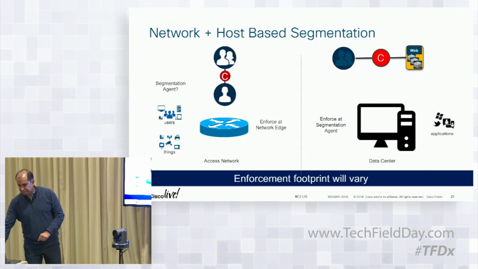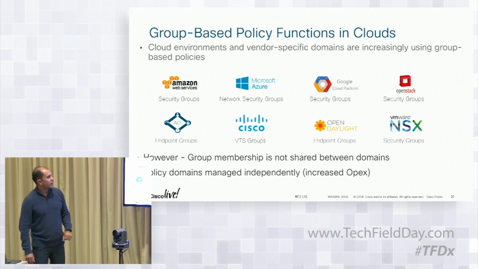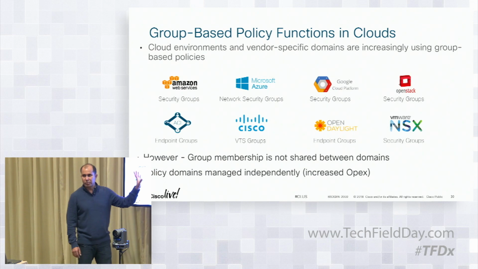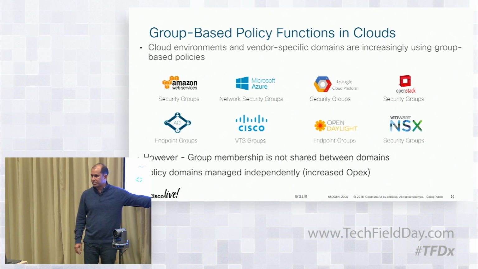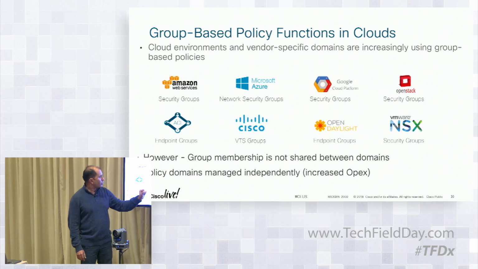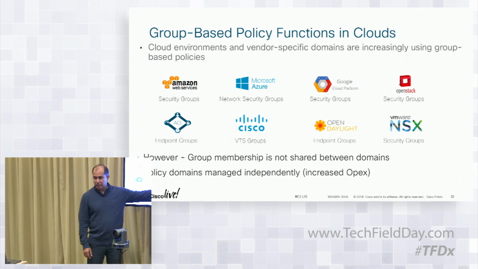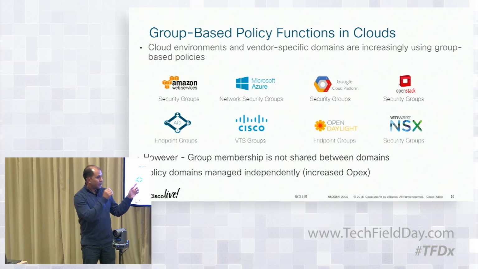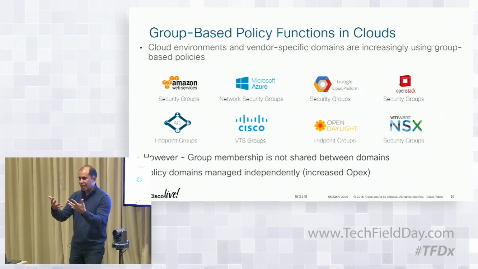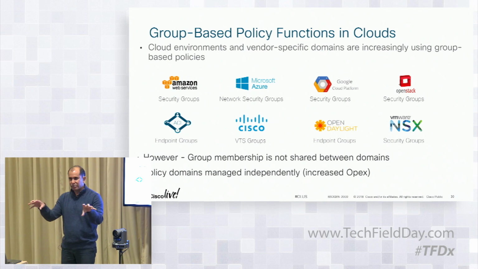And what we will find is that there is some semblance of groups, no matter where you go in the data center space. If you go to OpenDaylight, it looks very much like what we offer. If you look to ACI, of course, it's pretty much identical. If you go into Amazon, now it's a series of tags, and it's a little richer than just the flat structure of one group per endpoint.